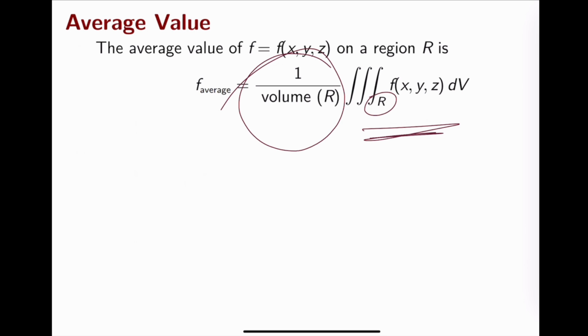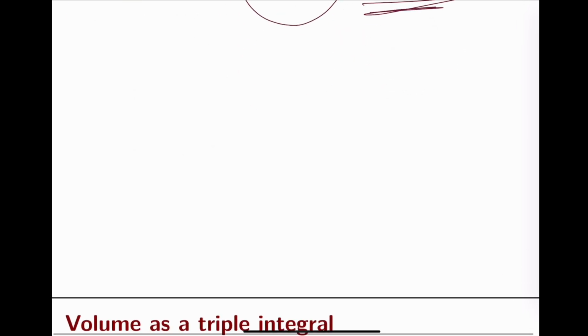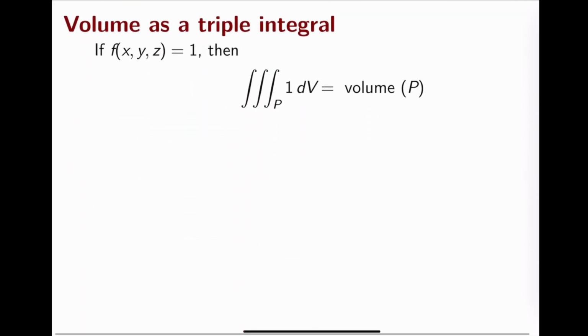That will give the average value of the function on the solid R. And as before also, if the function that we are integrating is the constant function equal to 1, the triple integral goes down one dimension and we recover the volume of the region. So even though double integrals are used to calculate volumes, we can also do a triple integral to calculate the volume by just integrating the function equal to 1.